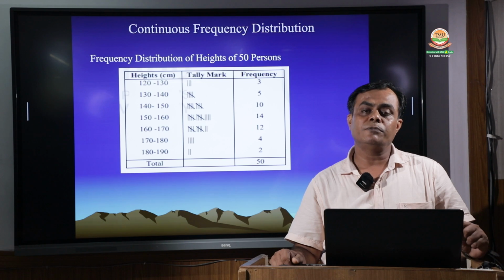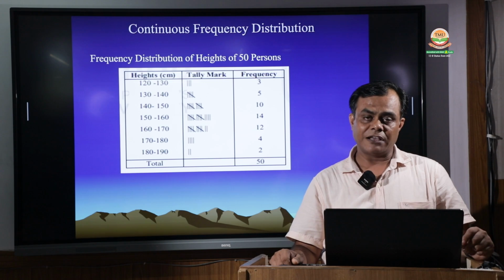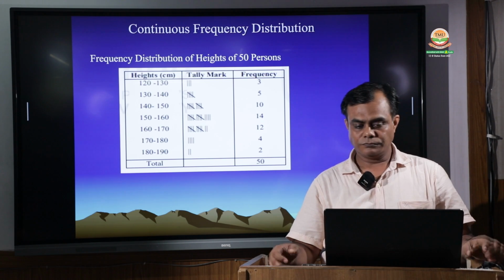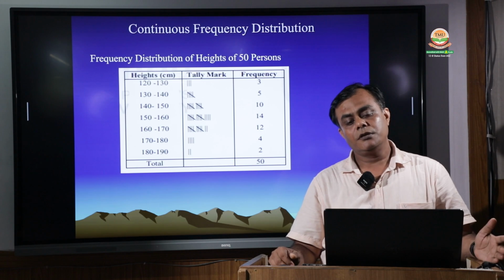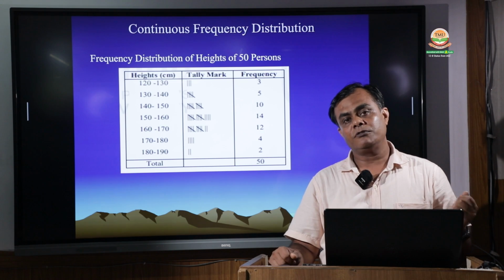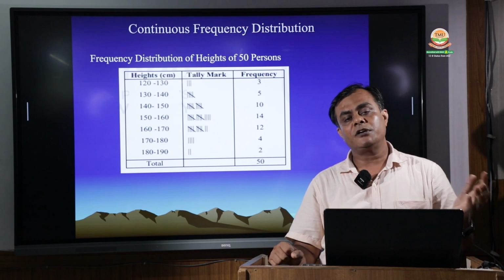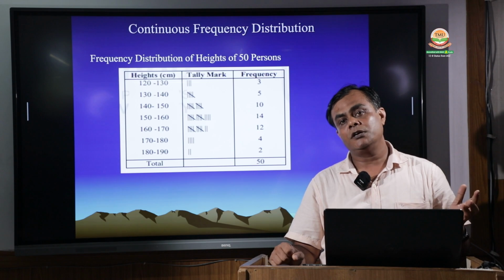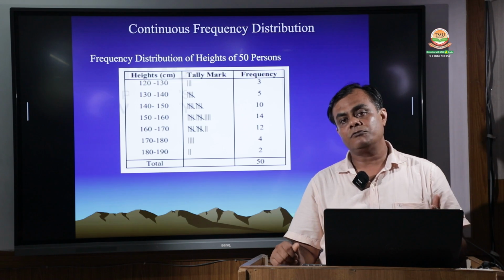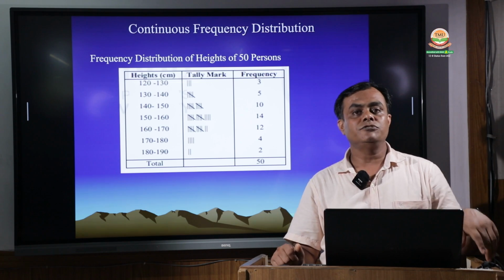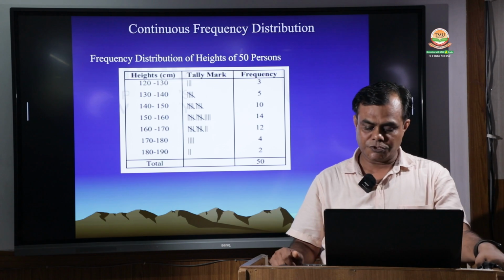So for age we can use a continuous frequency distribution, but for the number of children we cannot. In that situation we use the discrete frequency distribution.